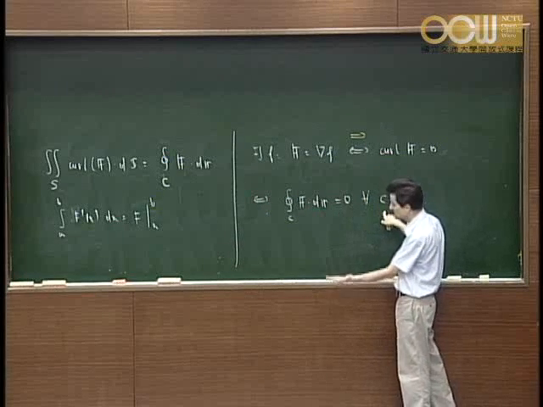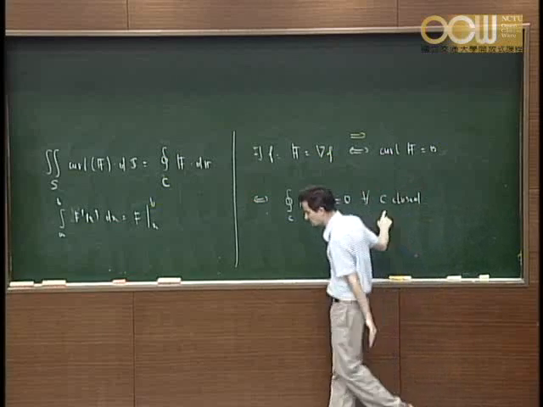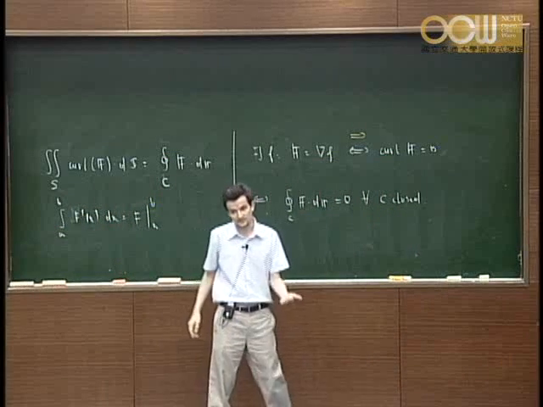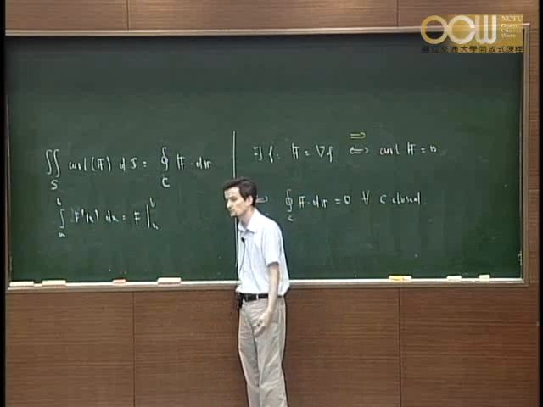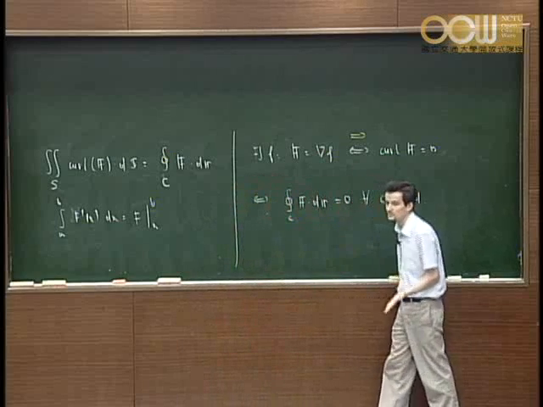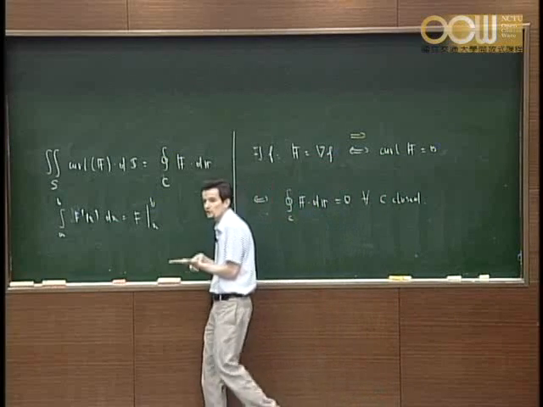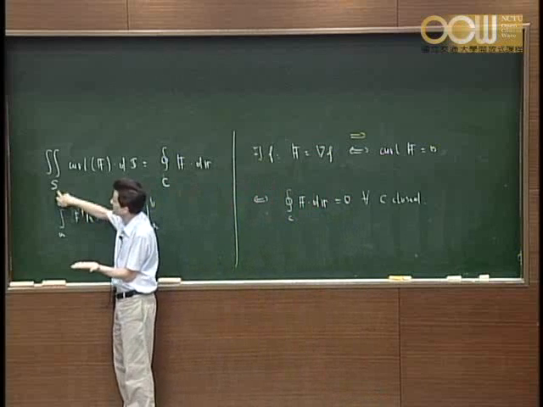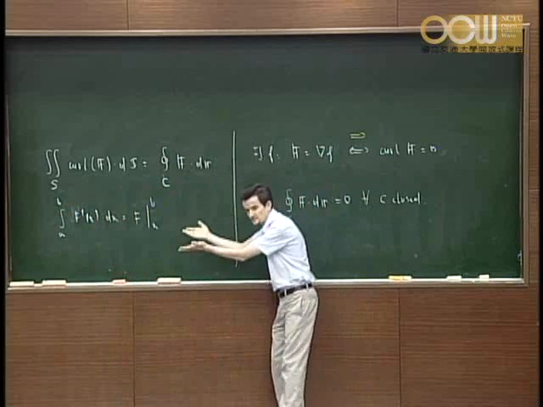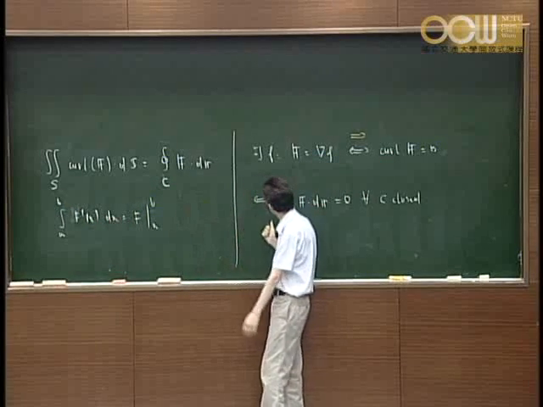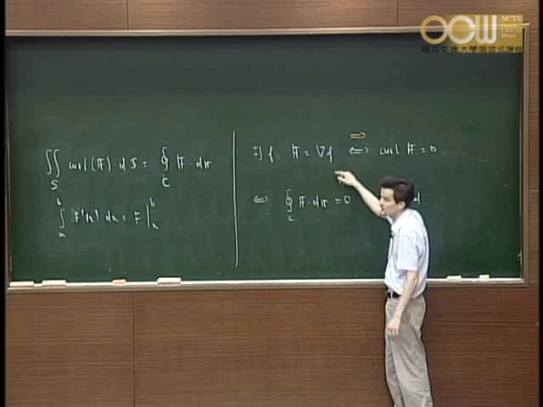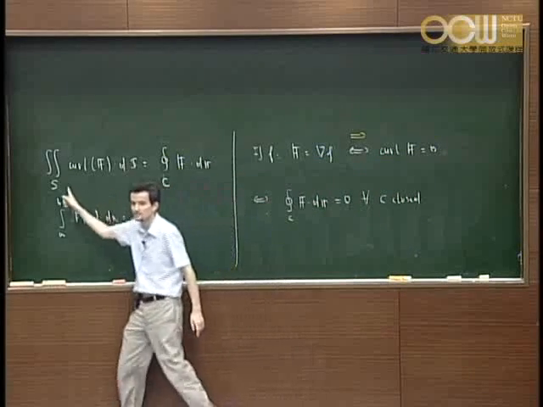You have to show that you can construct a surface S which satisfies the assumptions of Stokes' Theorem, such that the boundary, with the induced orientation of the orientation of S, is your C. You have to construct this, and then you just apply it, and that's it. The main complicated part in proving that this is equivalent here is in the construction of S.